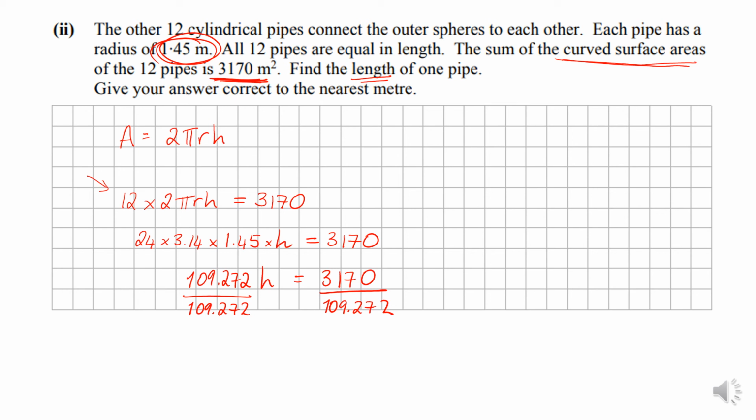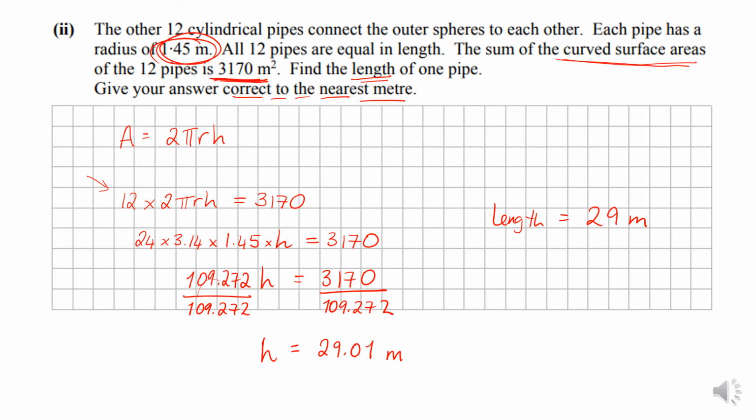Okay, so divide on the left, division will give you 1h, and on the right we will get 29.01 and lots of digits meters. Okay, and we're asked to give our answer correct to the nearest meter. So I'm going to say the length of the pipes equals 29 meters.